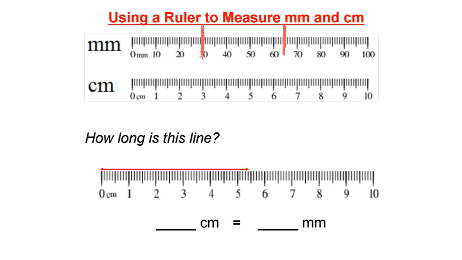Okay? I'll tell you that the distance between here and here, there are 10 little lines. I call them ticks. Those ticks represent 1 millimeter. 1 tick equals 1 millimeter.